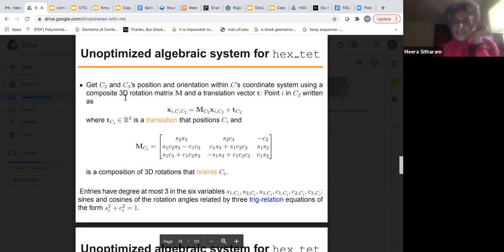get C2 and C3's position and orientation within C's coordinate system using a composite 3D rotation matrix and a translation vector T. In the 2-dimensional case, we just had one angle and 2 translations.